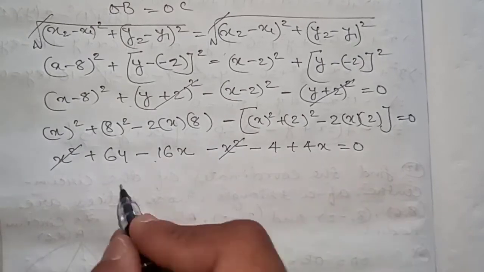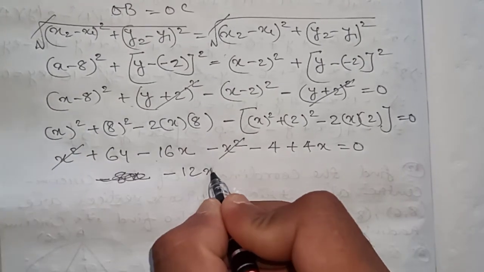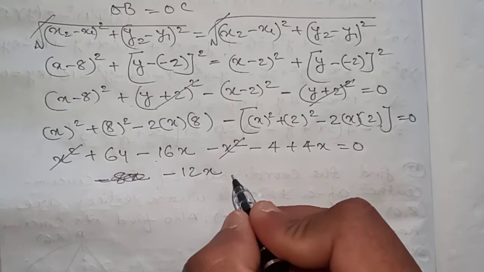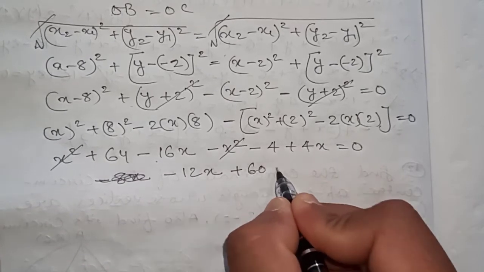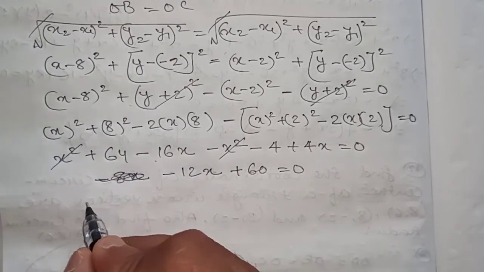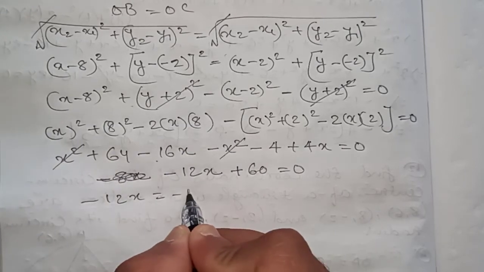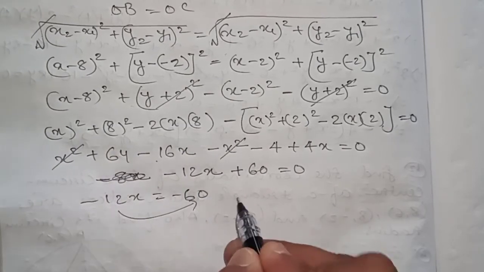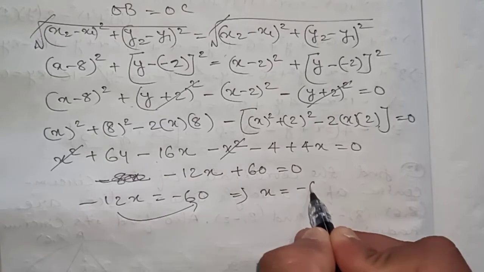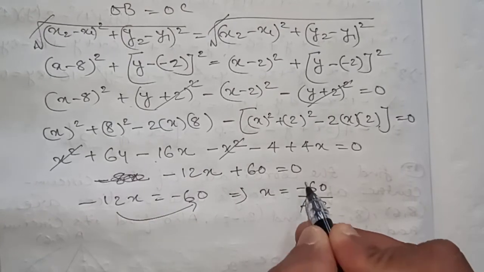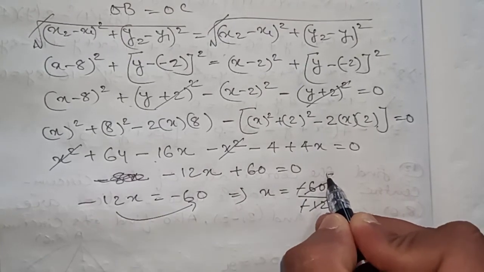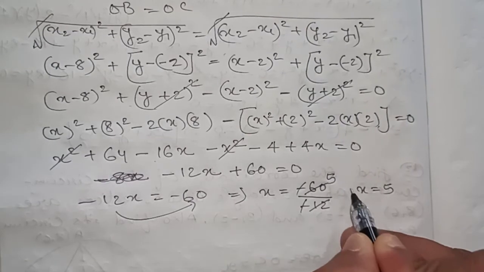Minus 16x plus 4x is minus 12x. 64 minus 4 is plus 60 equals 0. Take 60 that side: minus 12x equals minus 60. Divide by 12: x equals minus 60 by minus 12. Minus minus cancel, 12 fives are 60. So the value of x is 5.